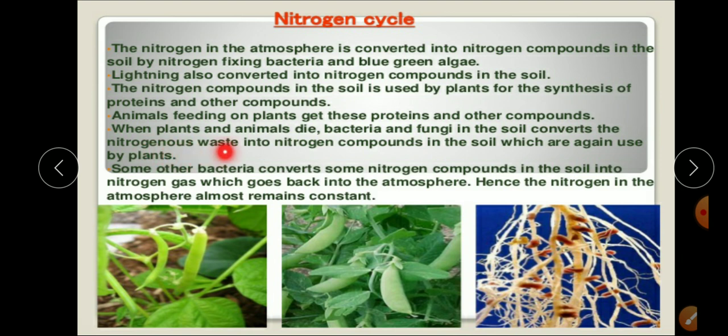When plants and animals die, bacteria and fungi in the soil convert the nitrogenous waste into nitrogen compounds in the soil, which are again used by plants. Some other bacteria convert some nitrogen compounds in the soil into nitrogen gas, which goes back into the atmosphere. Hence, the nitrogen in the atmosphere almost remains constant.